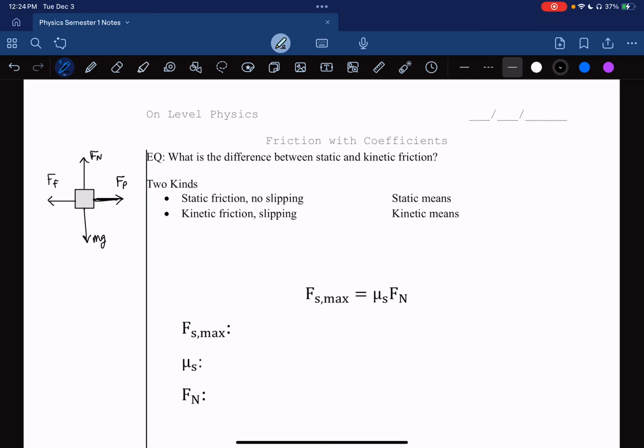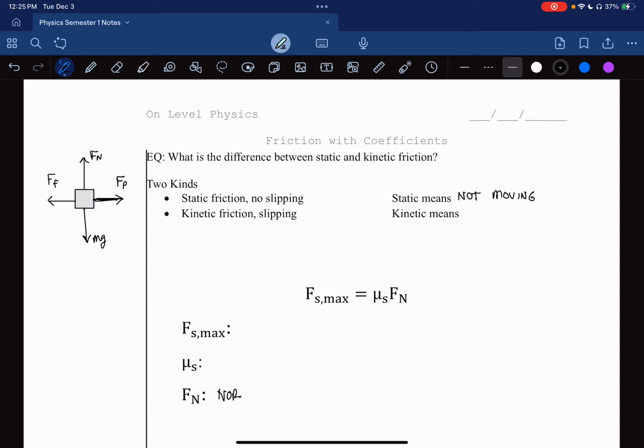If this is all we drew, it would accelerate, but let's suppose that it's not moving. That means that there is some friction force that is matching your pushing force, and we call that static friction. So static in this case means not moving. And the maximum amount of static friction is given by this equation.